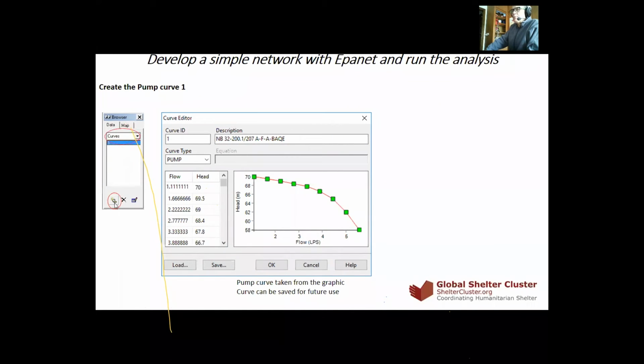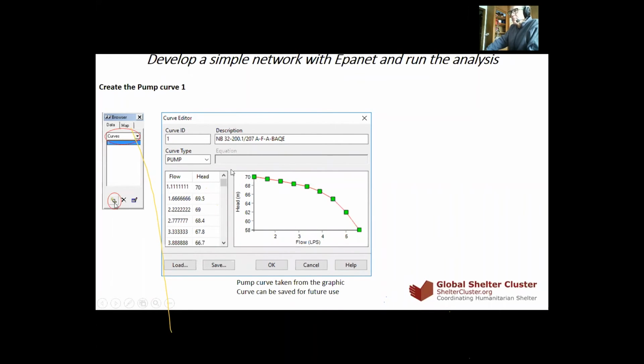Here, when you do a pump curve, at the very beginning you have to choose curves here, and then you click on this icon, and it will generate a pump curve with the number 1. You see, automatically, you will have a number 1 here. You can change it if you want, but automatically it will be 1.